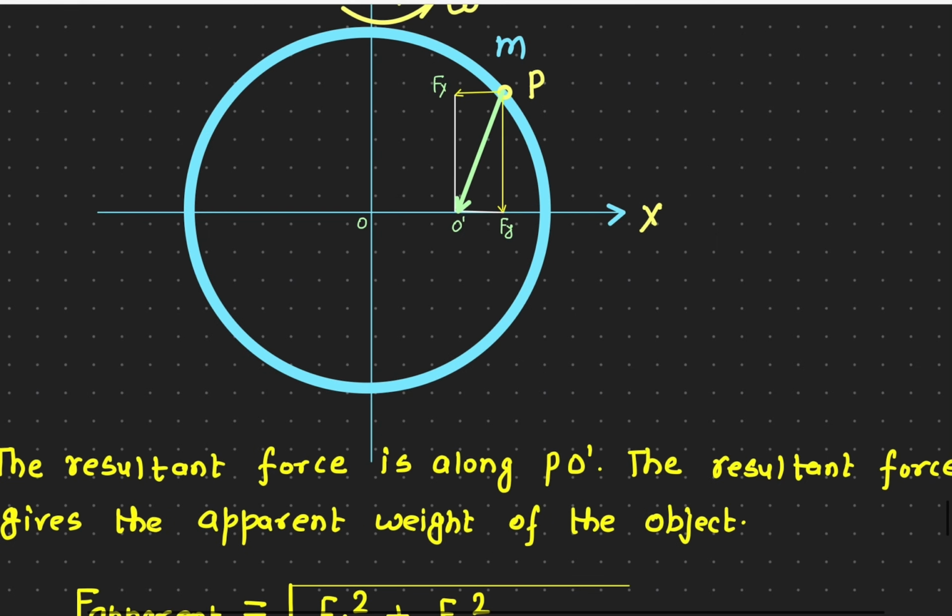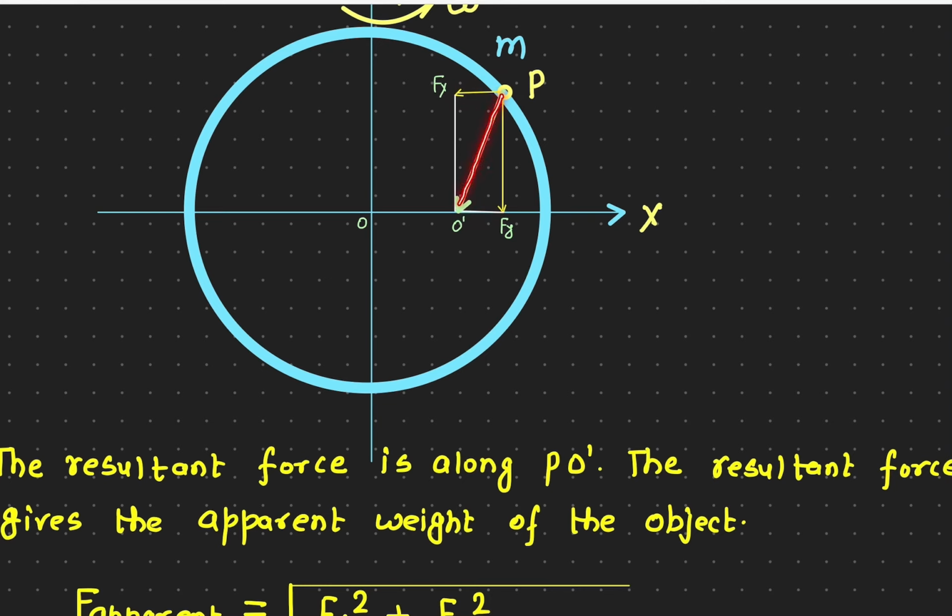So now these two forces, Fx and Fy, are mutually perpendicular, and this is the apparent force or the net force, and the magnitude would simply be given by Fx square plus Fy square. If I look into this triangle, this is Fy, and this would be my Fx, because these two are parallel.